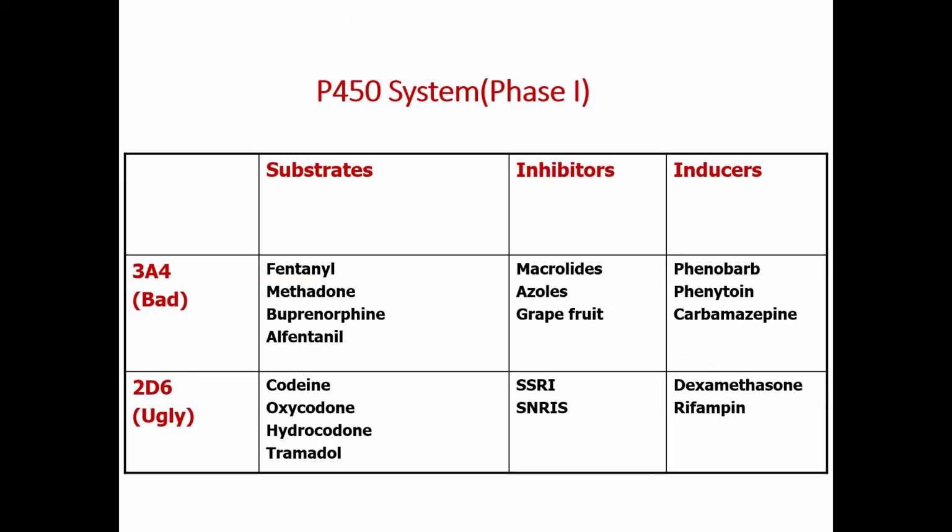I call them the bad ones. Now, with the bad ones, if you add a drug like a macrolide, for example erythromycin, to fentanyl, this will inhibit the metabolism of fentanyl. This will increase the fentanyl concentration, and it can lead to respiratory depression.